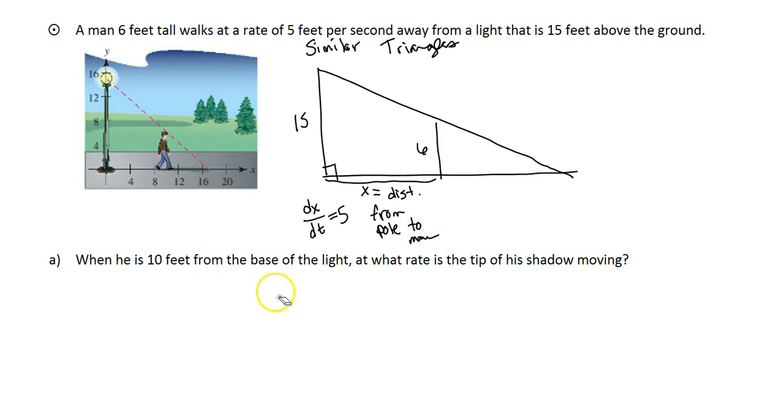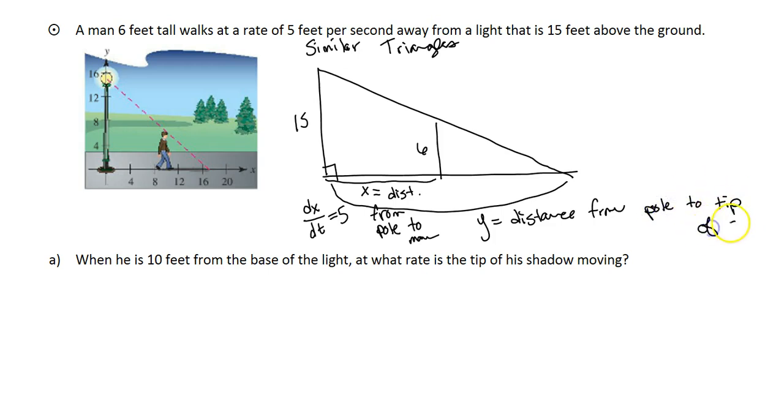Now, we also want to know what rate the tip of his shadow is moving. So I'm going to let y be equal to the distance from the pole to the tip of the shadow. So that means this portion right here we could call y minus x, because it's the whole distance minus x, and we do know that this is a right triangle here as well.